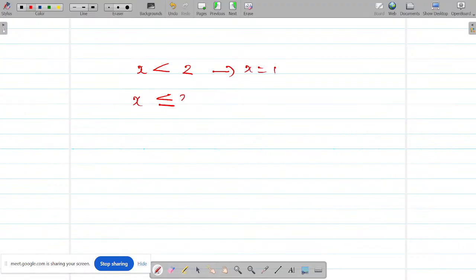If I take x less than or equal to 2, what values can you take? 1 and 2, because the equal to sign is there. Likewise, for the subset symbol: for union we put it like a U, but it's not U. The same way, we write it like a C, but it's not C. It's like an elongated C.